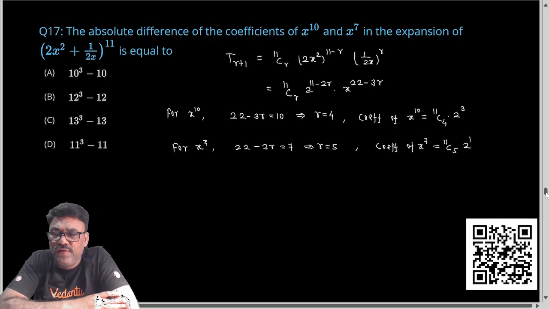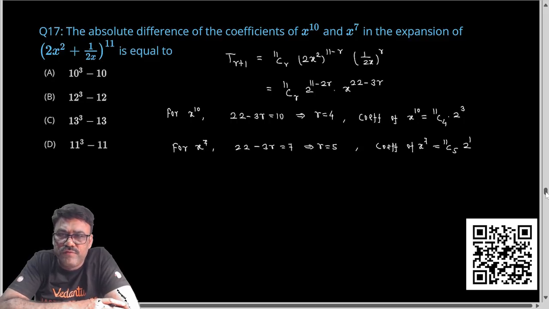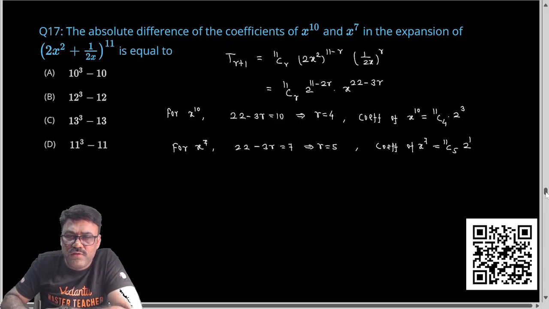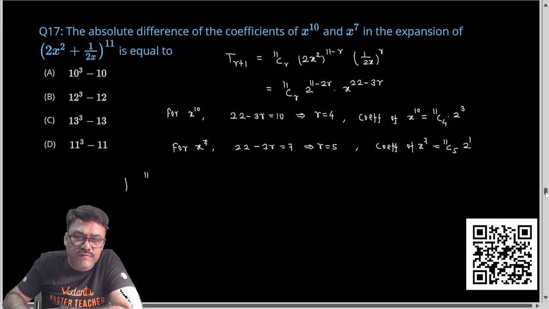Now just take the difference of these two. The difference of the coefficient of x raised to 10 and the coefficient of x raised to 7. Absolute difference they are asking. So what is the difference? 11C4 will be what? 11 factorial over 4 factorial 7 factorial, then 2 cube is 8. And 11C5 is what? 11 factorial over 5 factorial 6 factorial, into 2.